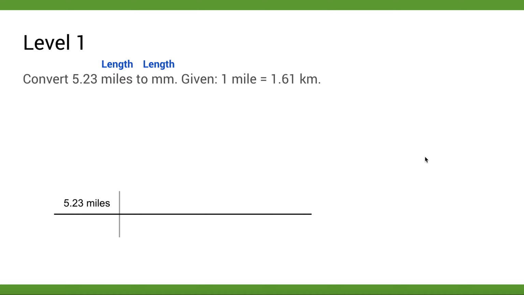As you see the given information, we can set up the conversion factor so that we can go from miles to kilometers. That's the reason why we put the miles in the denominator of the conversion factor, and the kilometer in the numerator.